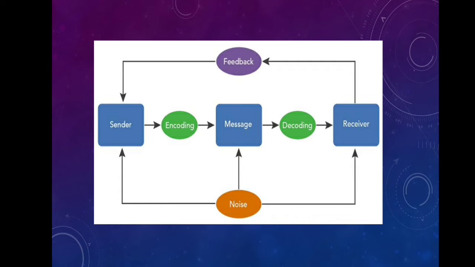Encoding may be faulty because of the use of ambiguous symbols. Transmission may be interrupted by static in the channel, such as a poor telephone connection. Decoding may be faulty because the wrong meaning may be attached to words and other symbols. Understanding can be obstructed by prejudices.